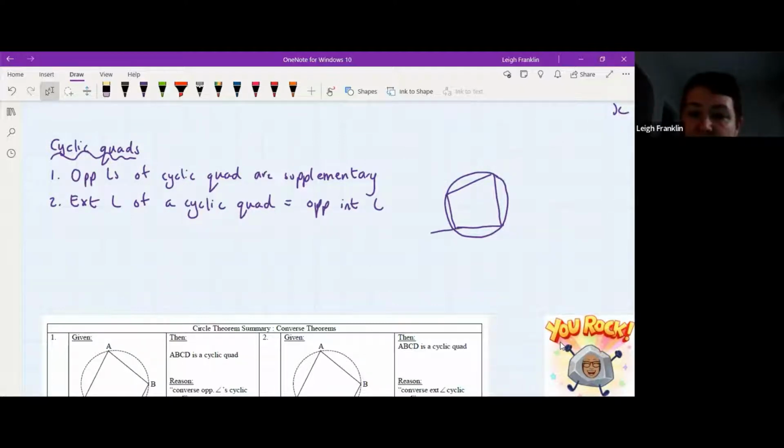So if I extend that over there, then this exterior angle over here will be equal to that angle over there. But if it's just a line that comes off the cyclic quad and not an extension of the side, then this number 2, exterior angle of cyclic quad equals opposite interior angle, will not apply.